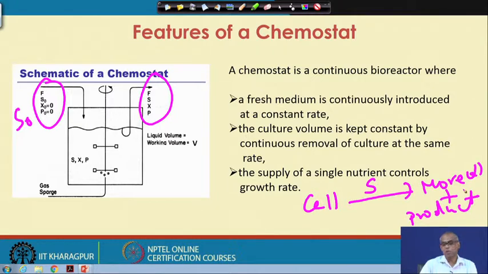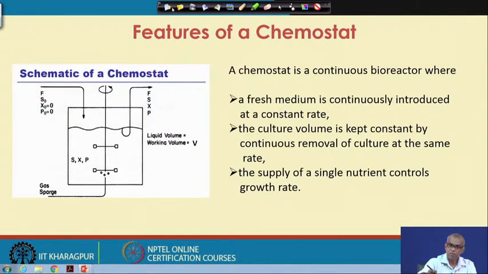So, you can supply glucose, the yeast will eat glucose, consume glucose and grow. You can also produce ethanol from the fermentation.